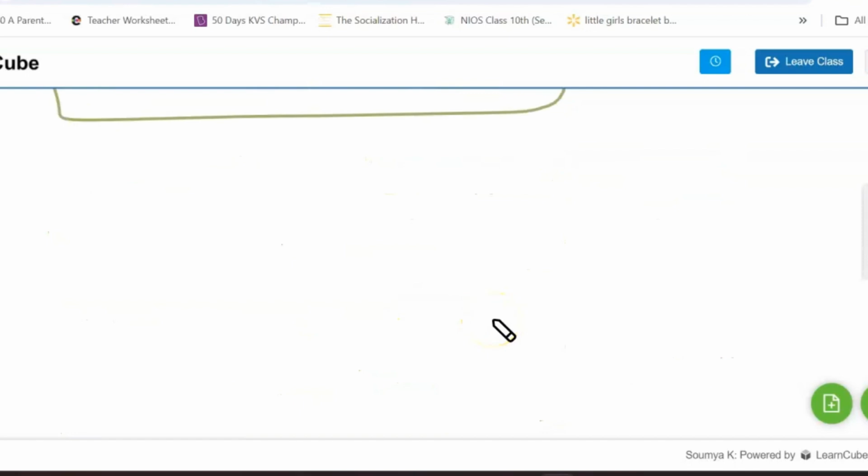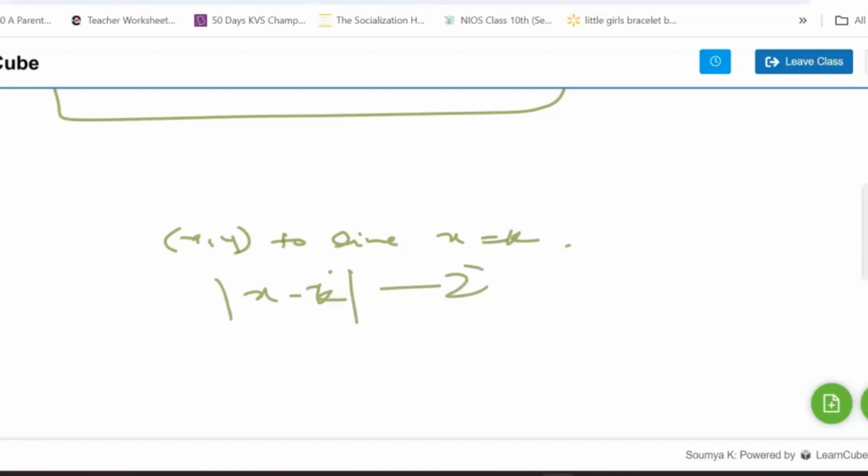Okay, so in that case, the distance of the xy point on the parabola to the line x equal to k, which represents the directrix, is x minus k. This is the second equation.